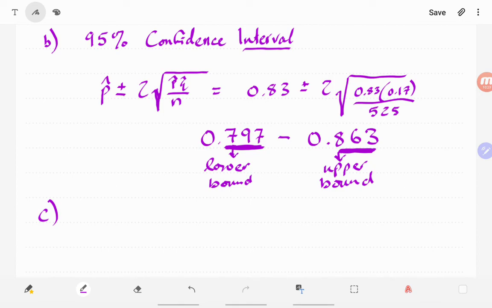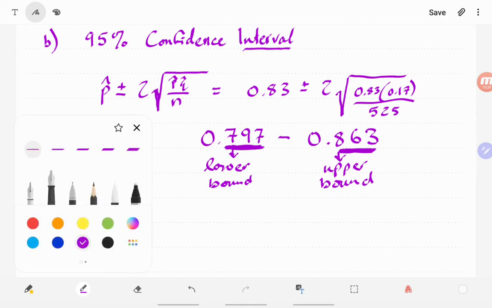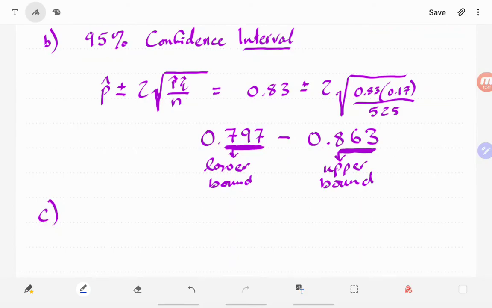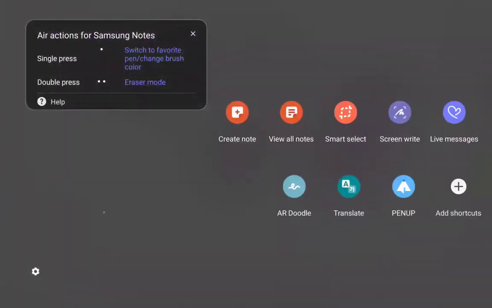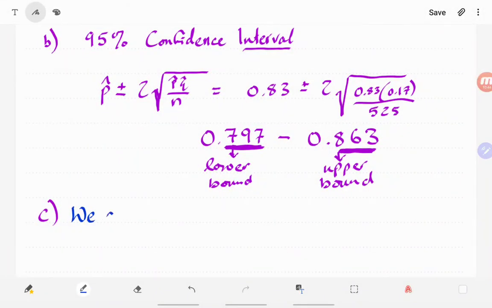So whenever you guys write these out, you're going to use these exact words, and then you'll just replace numbers, and you'll replace the variable that you're talking about. So let's do this. We're going to say we are 95% confident. Why are we 95% confident? Because we're finding a 95% confidence interval.